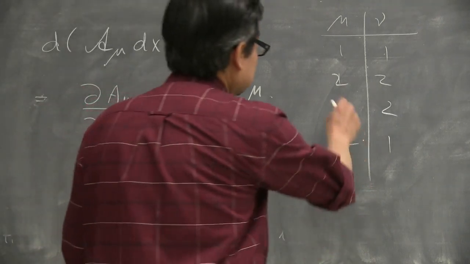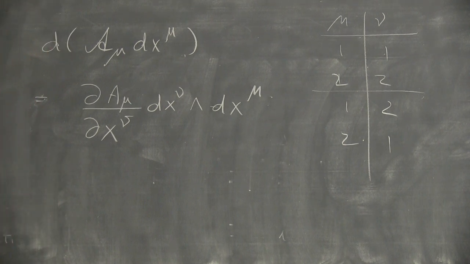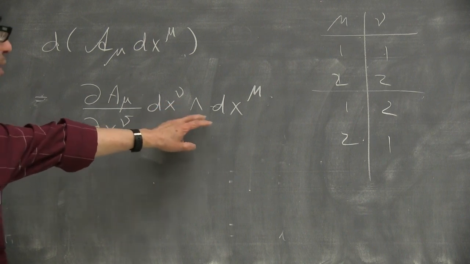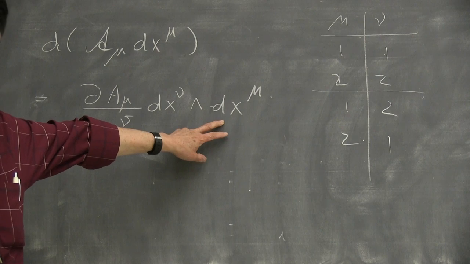Now these two are simple. In fact, these two are equal to 0. Why? Because dx1 wedged with dx1, these are one forms, so they're anti-symmetric, so those don't give anything.